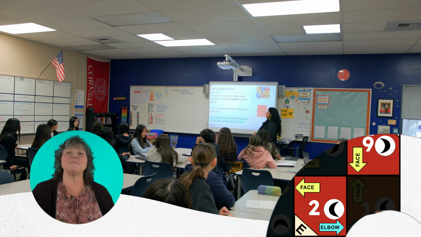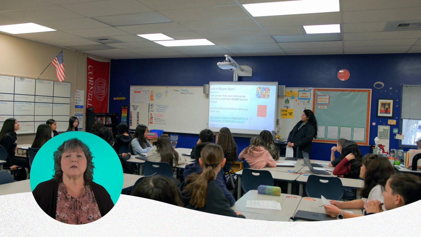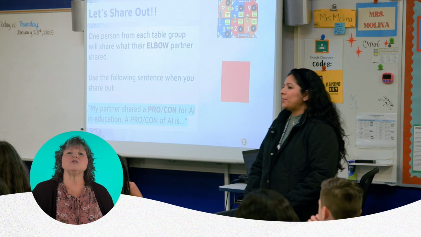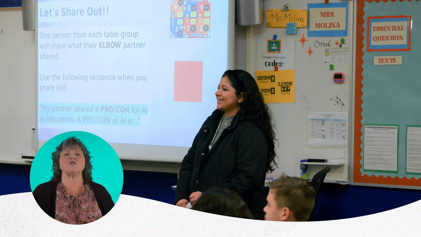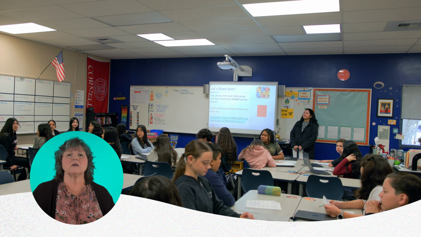Go ahead, Serenity. The mats also have a built-in structure for easy collaboration of students from other table groups. Think of a jigsaw activity. Notice you will see the teacher break her students into groups using the number system on the mats. Students will now have the opportunity to work with different sets of students and bring back the information for their original table group.